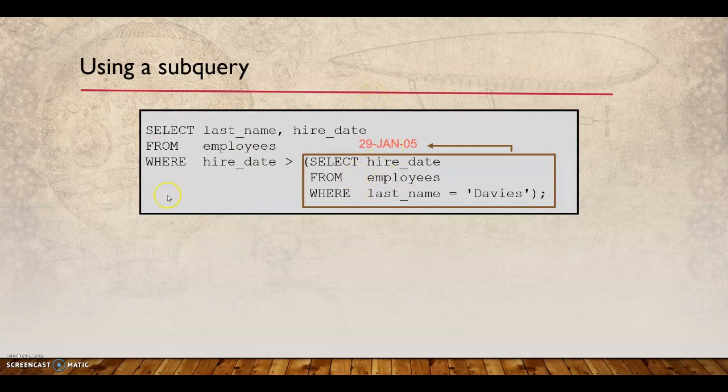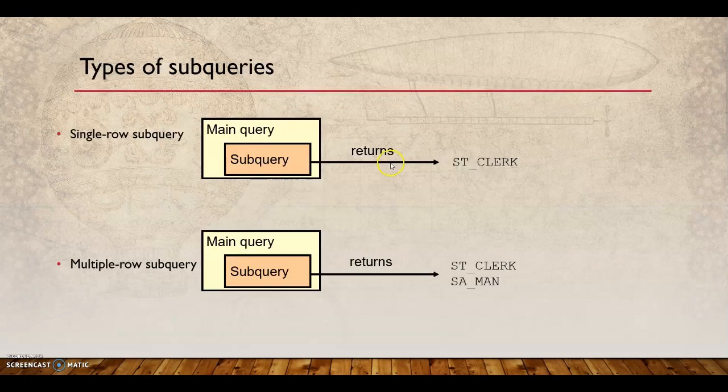The example we saw is about when Davis was hired. If this is the date the database is reflecting, the subquery is going to fetch this date, and this is fed into the outer query. So hire date greater than 29th Jan 05. It will list out all the employees. So that's the syntax of subqueries.